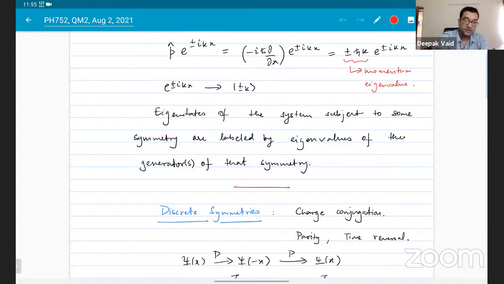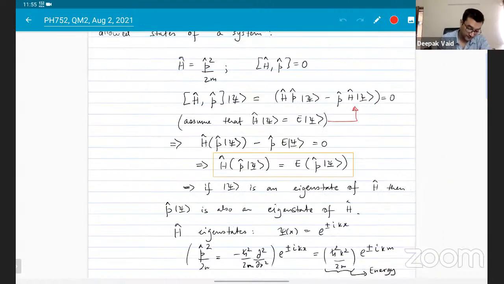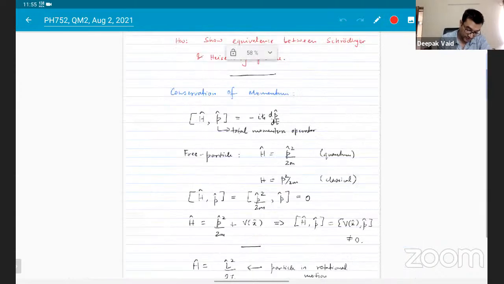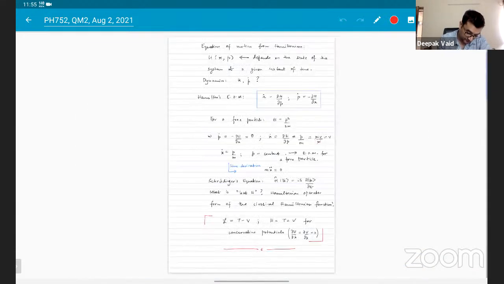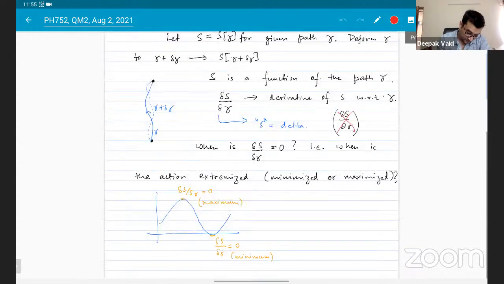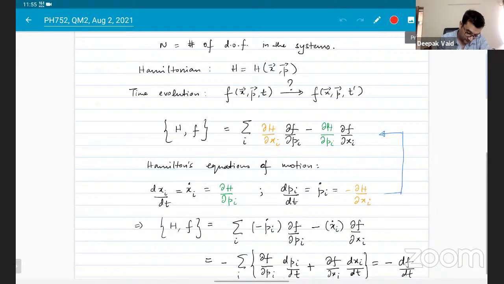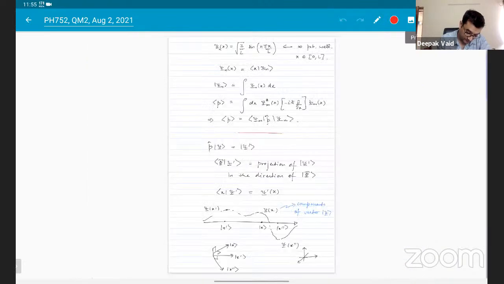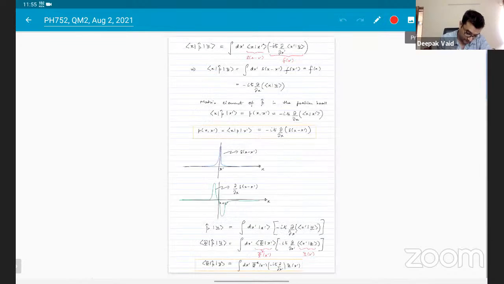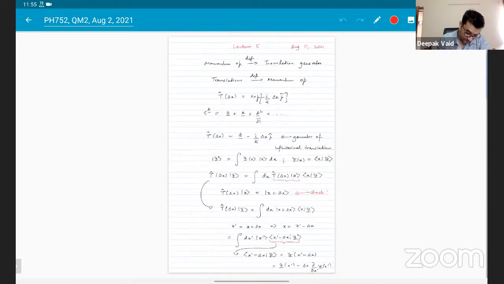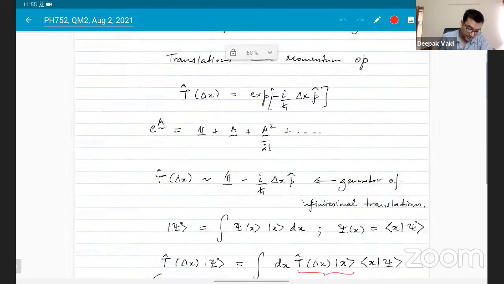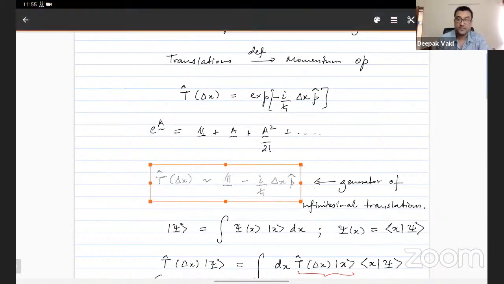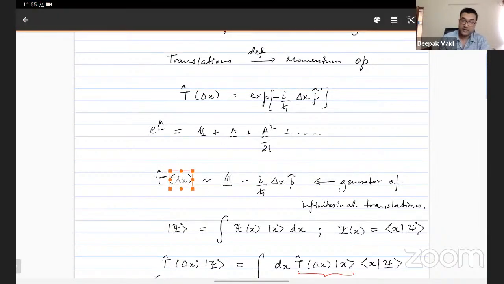So as an example, if you say that you have the translation operator, and the translation operator is given by this expression, then this has a parameter delta x, right?